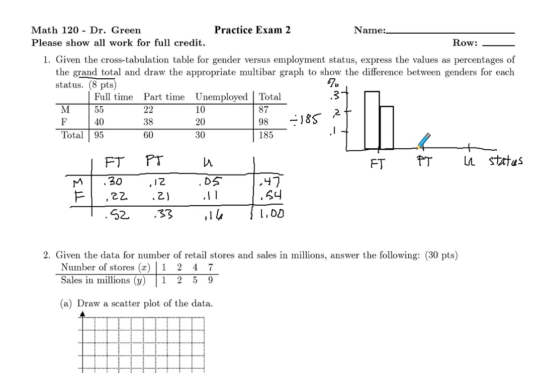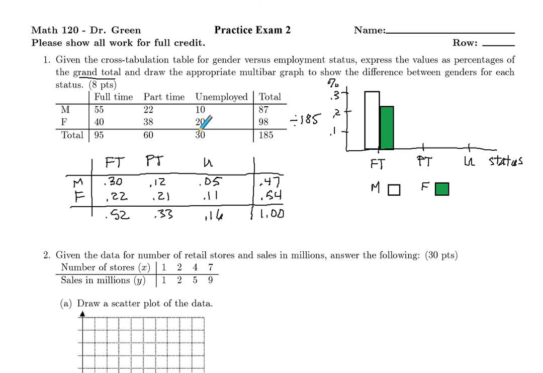For part-time, let's go ahead and put a key down here. Let's do the males as the white bar, and let's do females as a shading. So let's put females as green. Okay, so there's female.